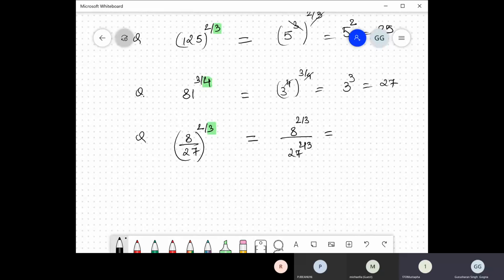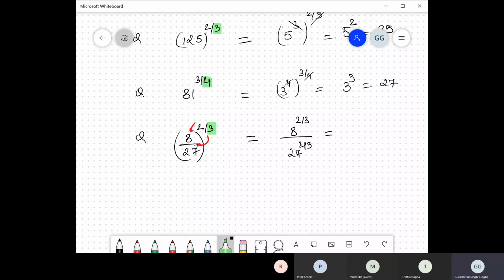Outside the bracket, the power is 2 over 3. So therefore, you can bring this power to 8 and 27 separately.